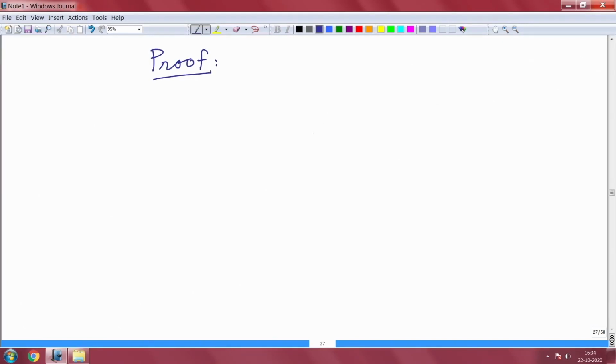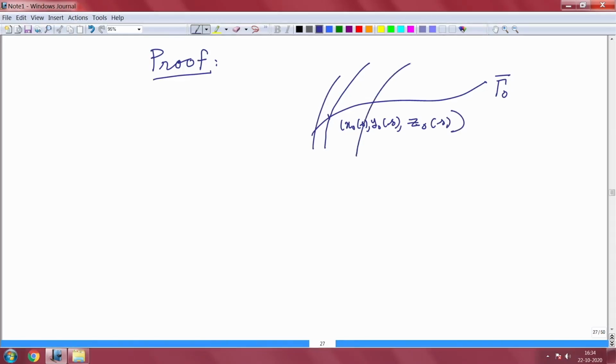So, you have your gamma naught bar, and you know that at every point you have a characteristic curve. This point is x naught of s, y naught of s, z naught of s. And then what do you want? At every point you can have characteristics. Now, the issue is that you take a point here, and you want to know whether there exists a characteristic curve.